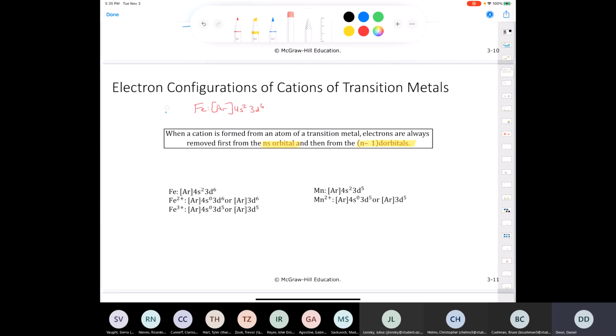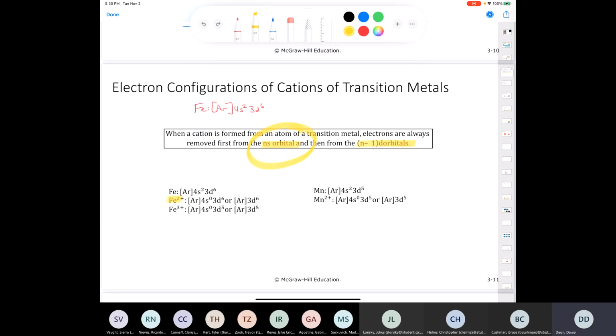So you might think, okay, if I'm going to form an Fe2+ cation, I'm going to remove these electrons first, but in fact, you don't. With a transition metal, you always start with the electrons from the ns orbital, which in this case would be a 4s, and then you go to the d orbital. It's a little bit counterintuitive, isn't it?